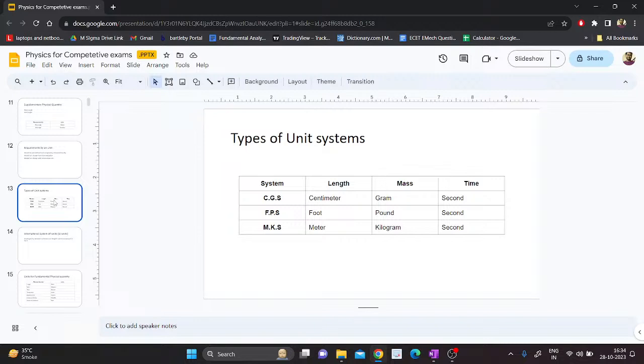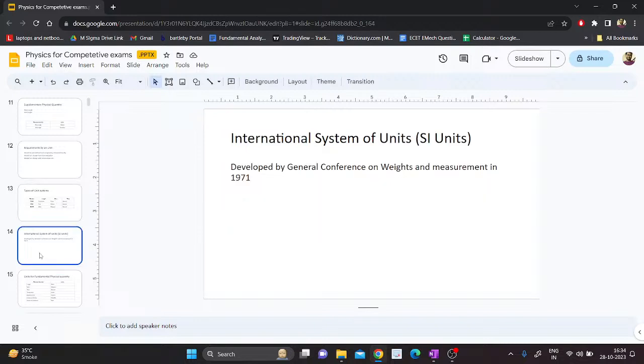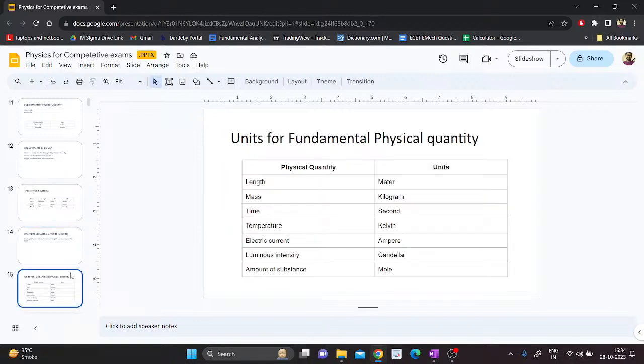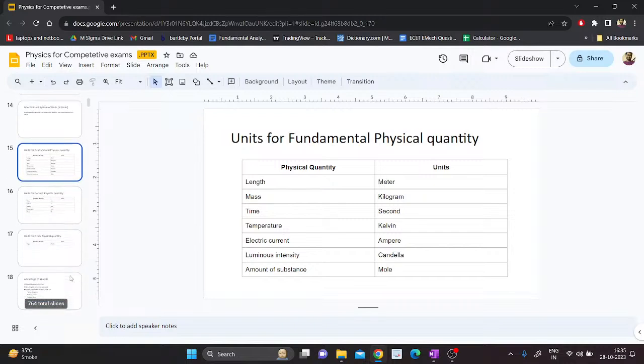For time, let's go with seconds. That's what we call SI units. For our competitive examinations, we have to make sure we convert everything to SI units when doing the calculations.